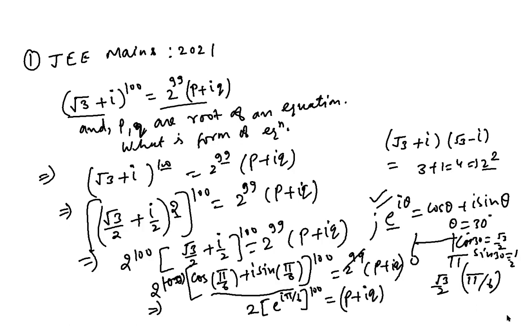Now coming to the next slide, you have 2 times (e raised to power iota pi by 6) raised to power 100 equal to p plus iota q. Now we want to calculate the values of p and q, and after that, since p and q are the roots of the equation, we can write down the quadratic equation.